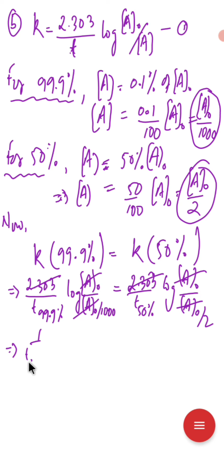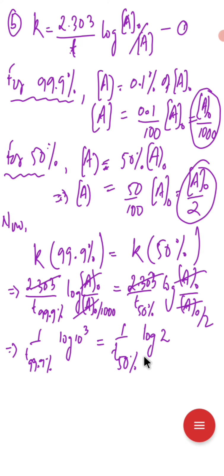So now this is 1 by t 99.9%. This is 100, this is 1000. Log of 1000 is 10 to the power 3, the 3 can come here, and this is 1 by t 50%, and this is log 2, right?